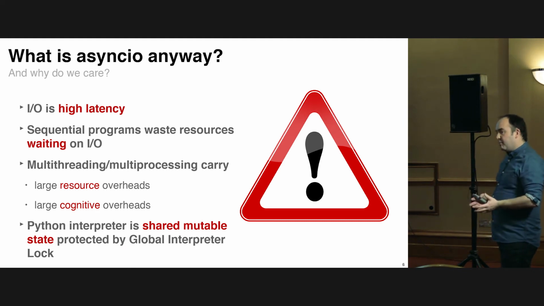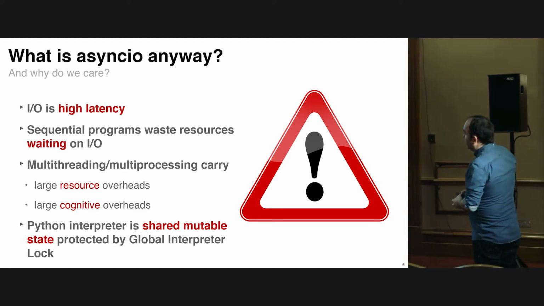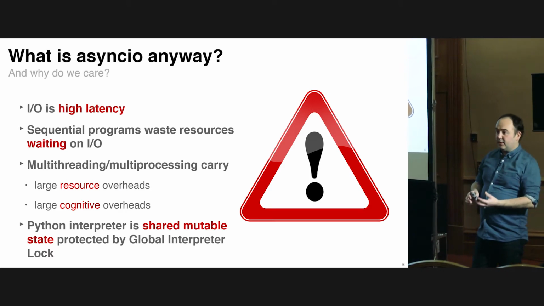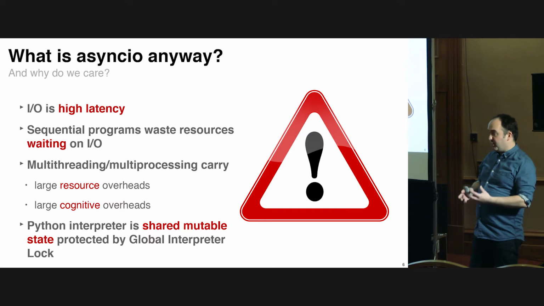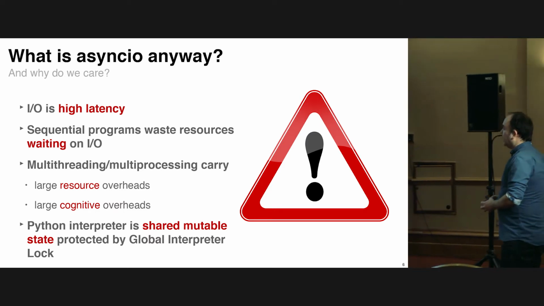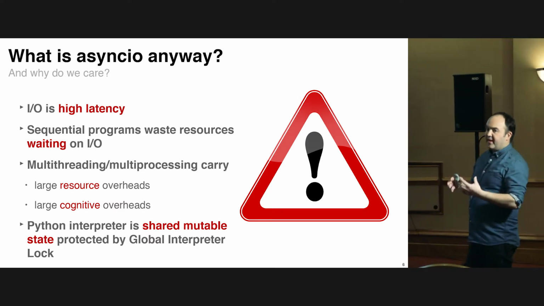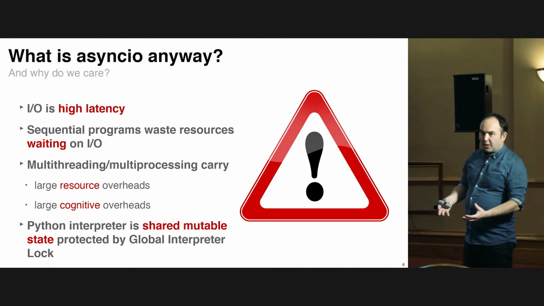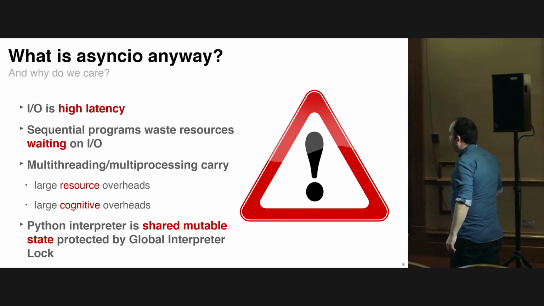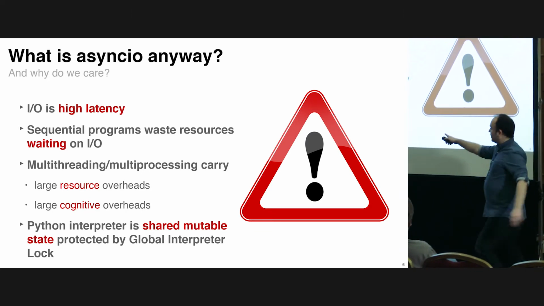This is a particular problem in the context of Python because, of course, the Python interpreter itself is this huge blob of shared mutable state. And that is protected by the infamous global interpreter lock, which essentially prevents you extracting the potential power of your computer in languages like Python. If Kevlin Henny was here, he would call this the global interpreter bottleneck.